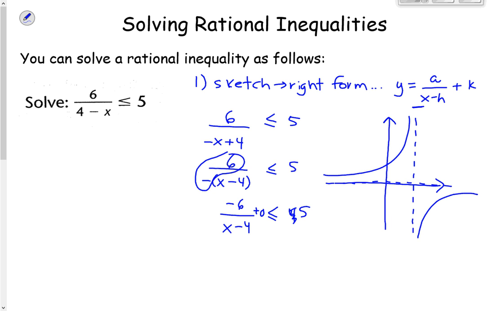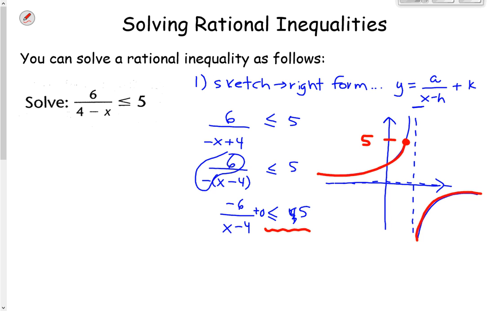And you want to know when this is going to be smaller or equal to 5. So 5 is going to be somewhere here. So you want to know when it's smaller or equal to 5. So you want to find this part and also this part.